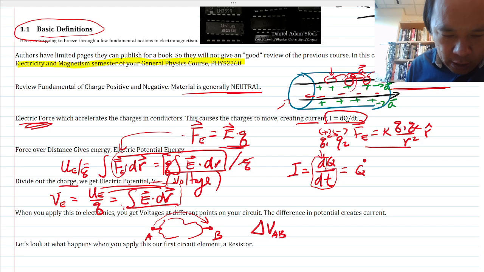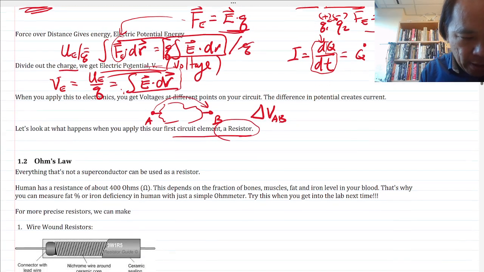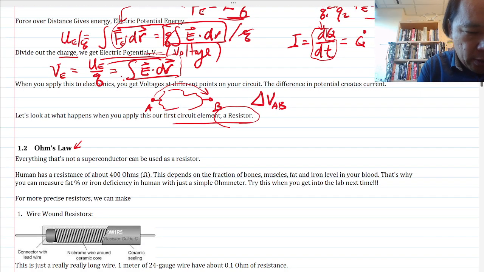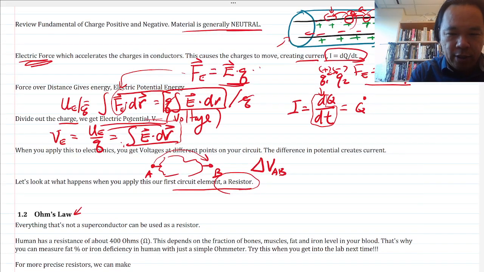All right, so let's see what happens when we apply this to our first circuit element, which is known as a resistor. And this is where we go into Ohm's law. Ohm's law is usually an entire chapter. Actually, the electric force that we just covered is a chapter in your intro class.